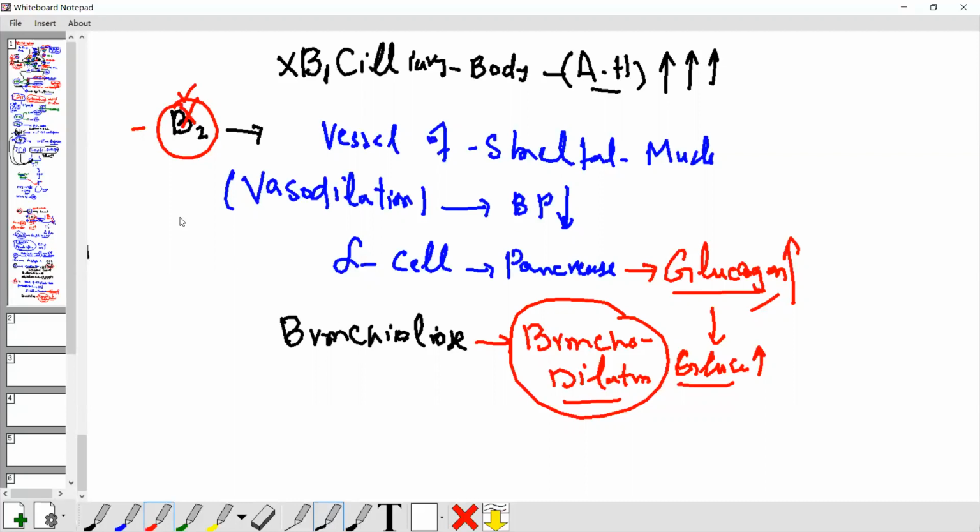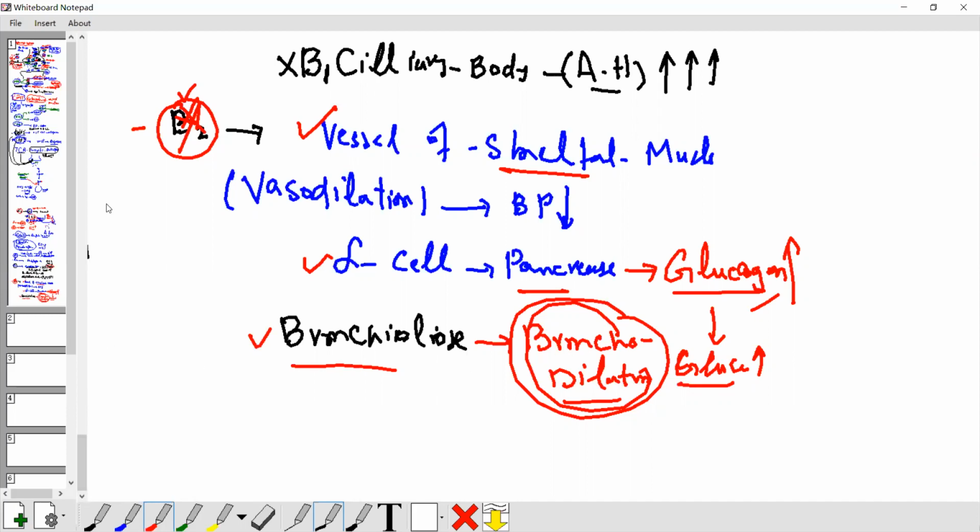If you block this beta 2, what happens? No more bronchodilation, and asthma gets worse. Beta 2 causes bronchodilation. It is present on vessels of skeletal muscles, alpha cells of pancreas, and also on respiratory bronchioles.